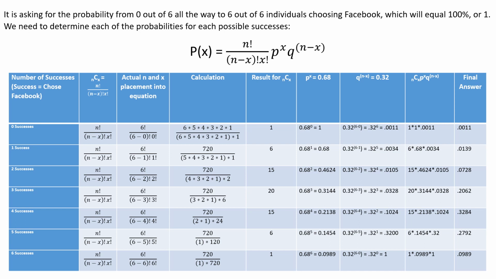And as we've done before in statistics and probability, we can figure out the combination. So you see this right here. And I want to point out here, let's suppose we ask how many people like Facebook? What are the possibilities? I could have 0 people liking Facebook, 1 person out of a group of 6, all the way to 6 people. Here's my equation.